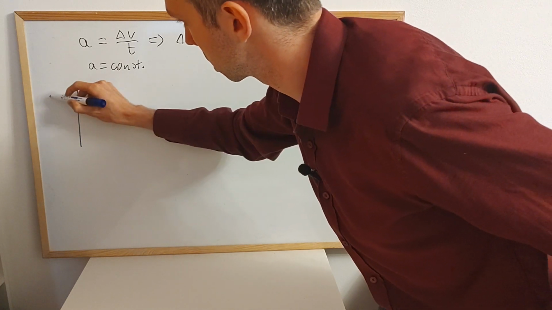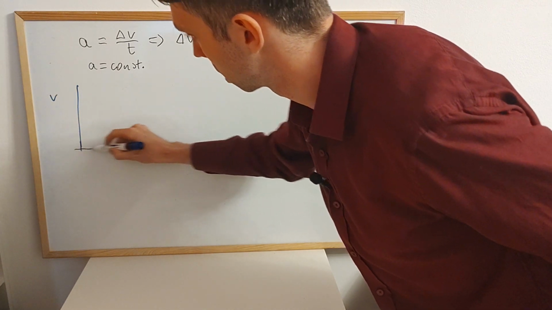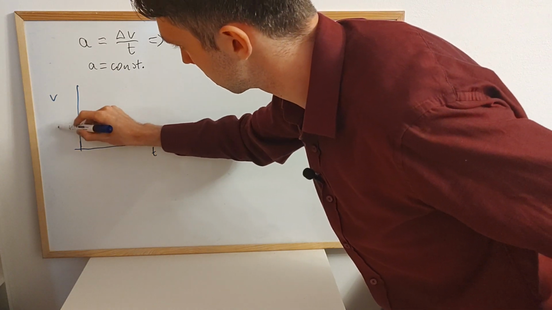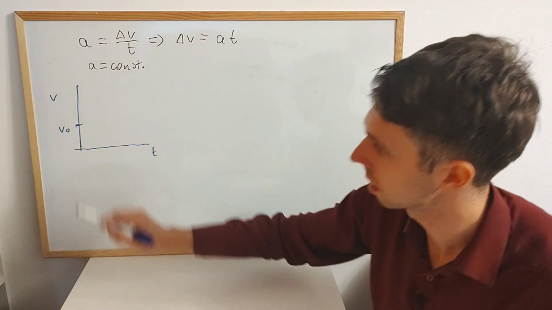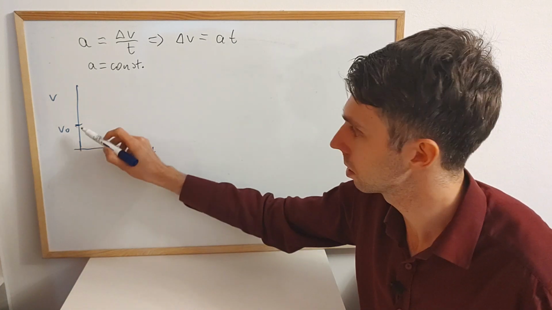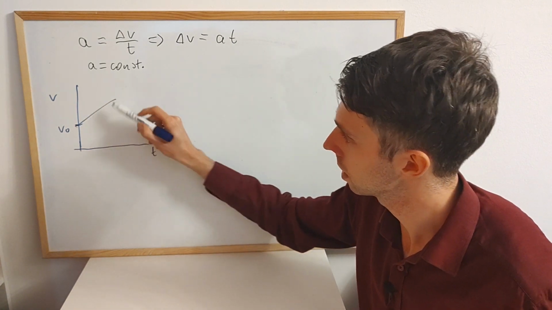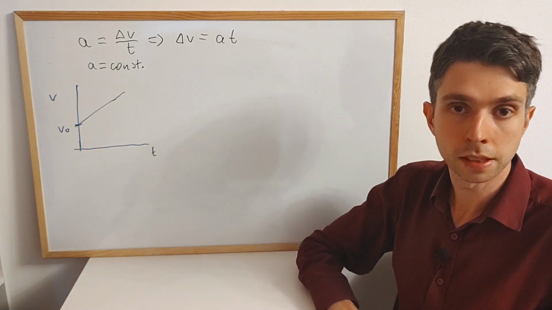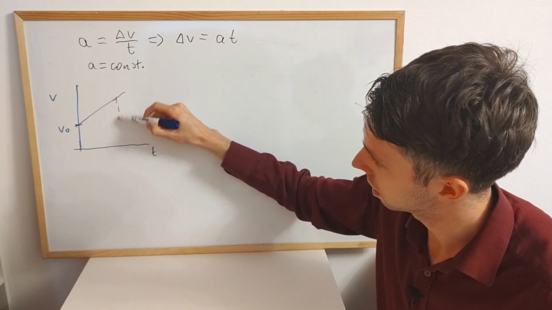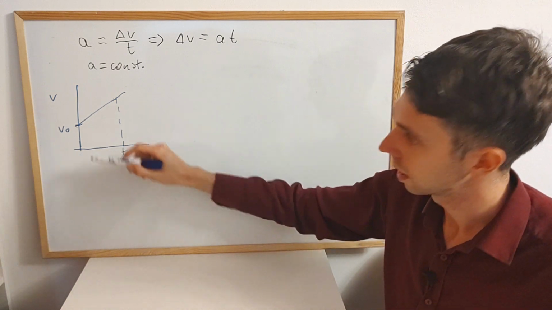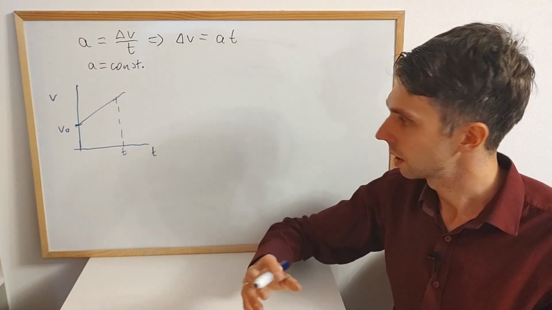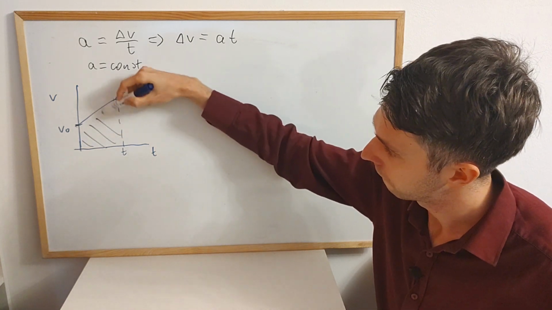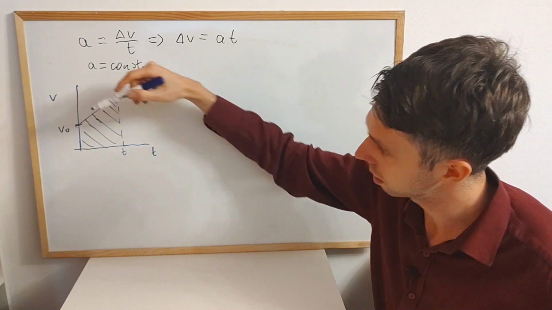So the graph speed versus time looks like this. Here is your initial speed, let's call it v0, and you increase your speed like this. And I want to know what's the distance covered in this time. So again, the distance covered is the area below the plot.